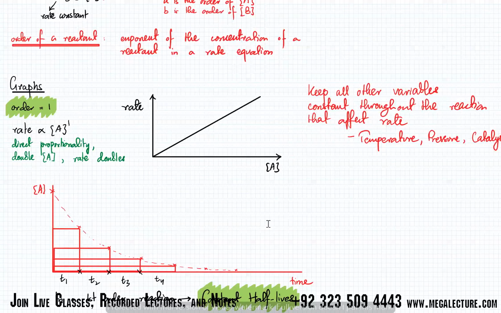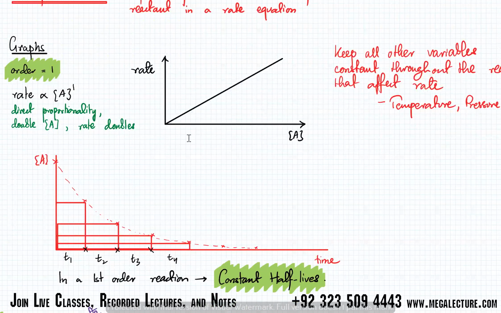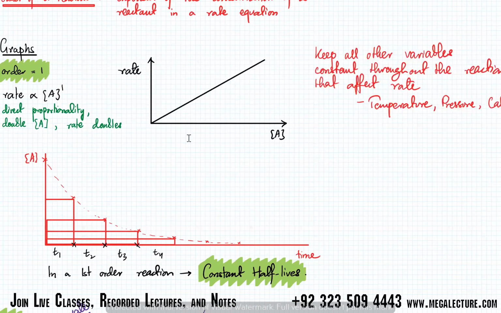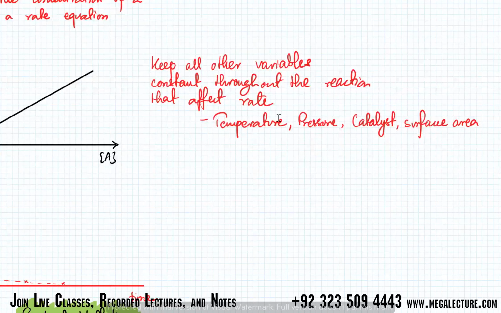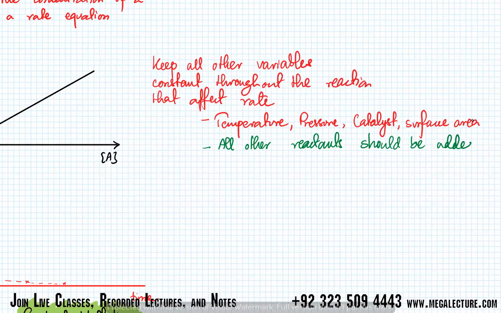So experimentally remember this, that when you're trying to investigate rate and A's concentration, you have to keep all of the variables constant throughout the reaction. That includes temperature, pressure, catalyst, surface area, and all other reactants which you're not investigating should be added in excess.